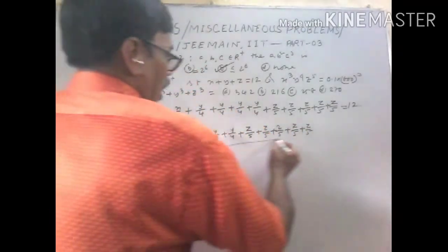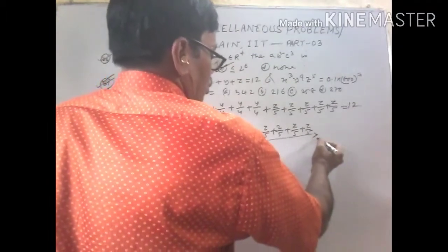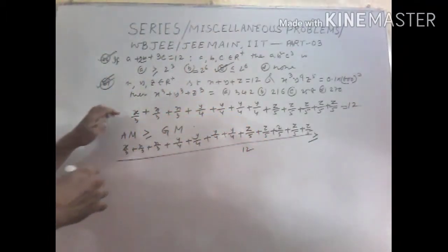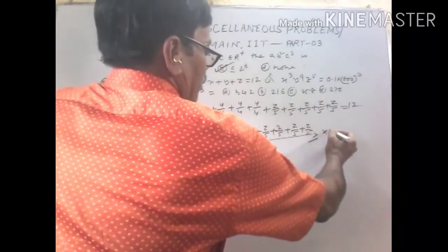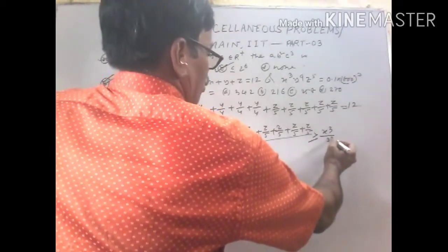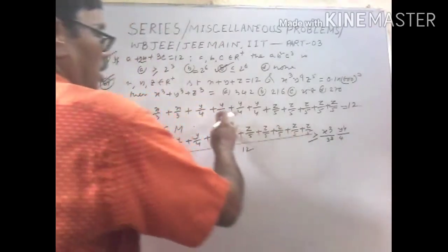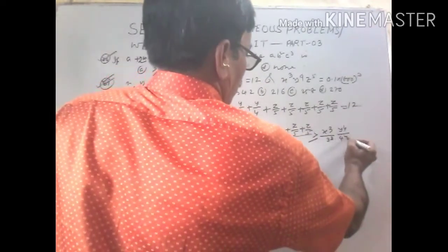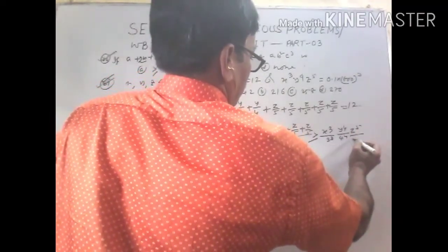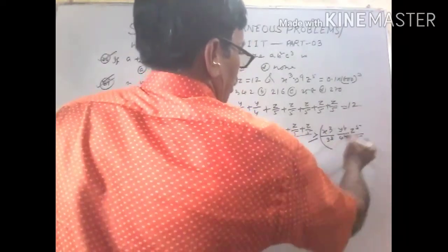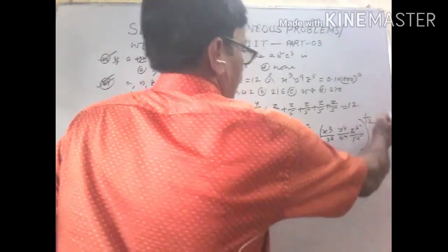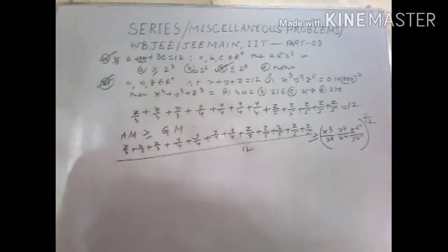So the AM, which is the sum by 12, is greater than or equal to the geometric mean. So we are getting x cube by 3 cube, y to the power 4 by 4 to the power 4, z to the power 5 by 5 to the power 5, total to the power 1 by 12. 12 terms.